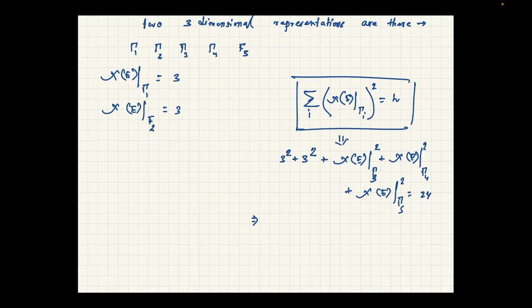Now 9 plus 9 equal to 18 is already gone. Then gamma 3, gamma 4 and gamma 5, the squares of the characters of the identity element should give 6.